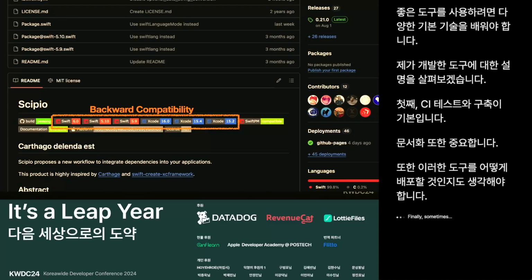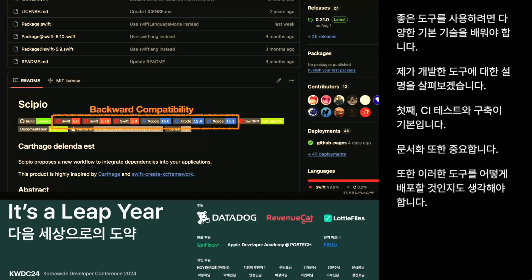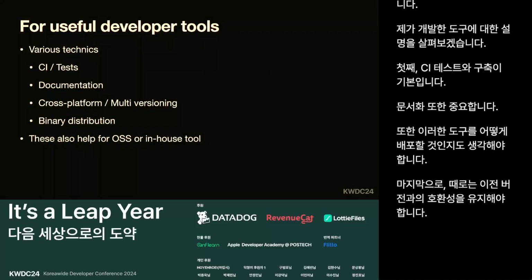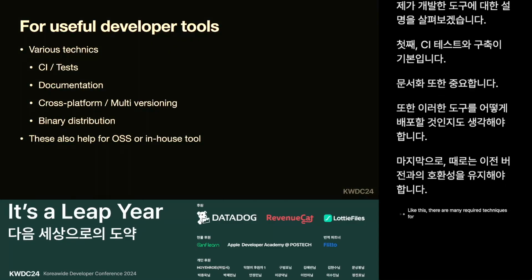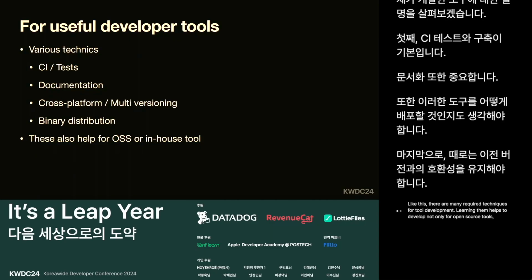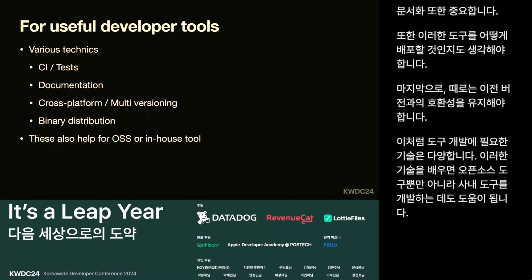Finally, sometimes we need to keep backward compatibility. Like this, there are many required techniques for tool development. Learning them helps to develop not only open source tools, but also your in-house tools.